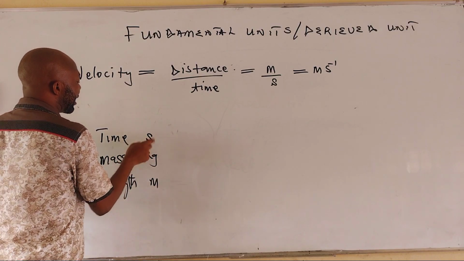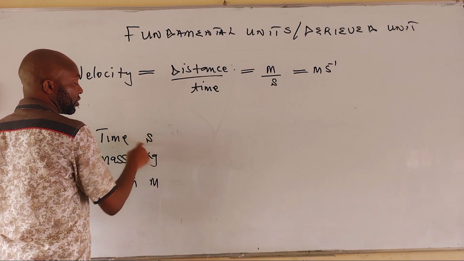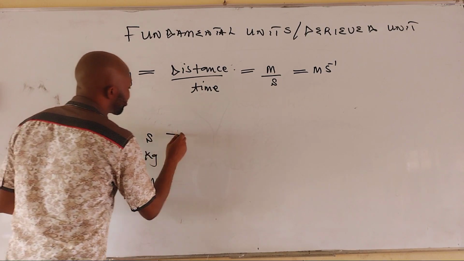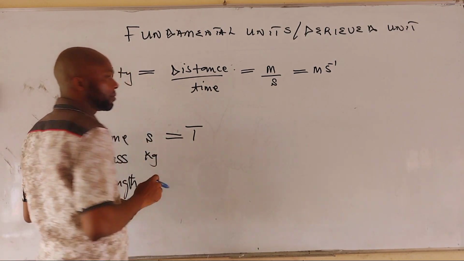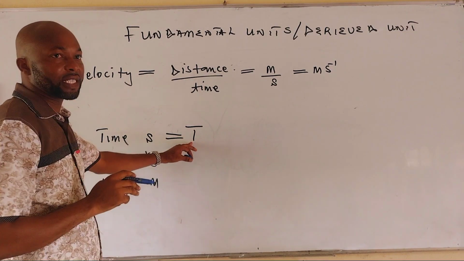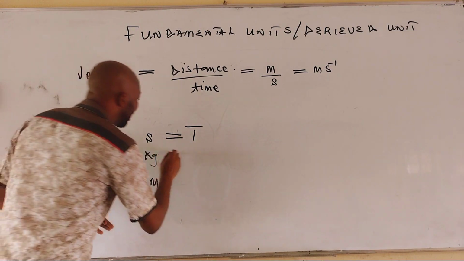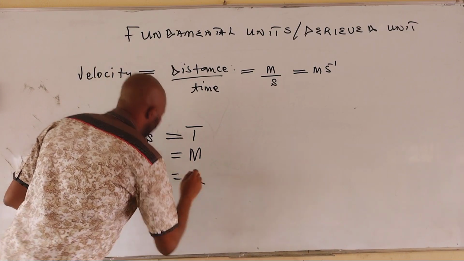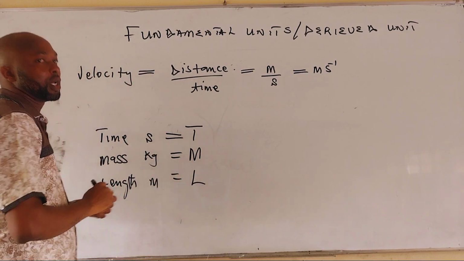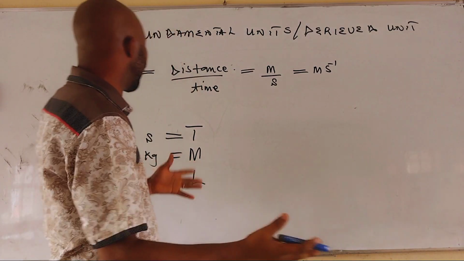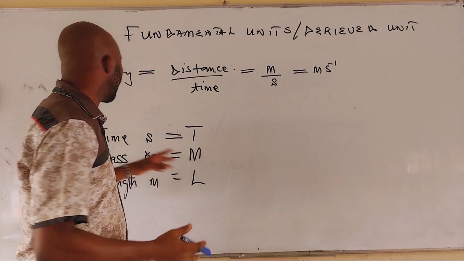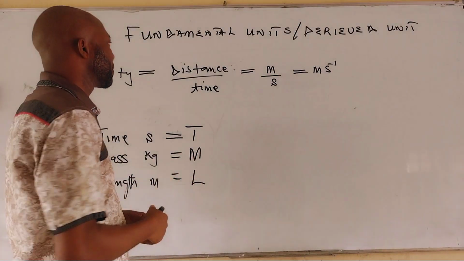So for the dimension, how do we know the dimension for this? Wherever we see time, which is in seconds, we use the capital T to represent it. Capital M for mass and capital L for length. So the dimension for meter will be capital L, the dimension for mass will be capital M, and so on. That's how we go.